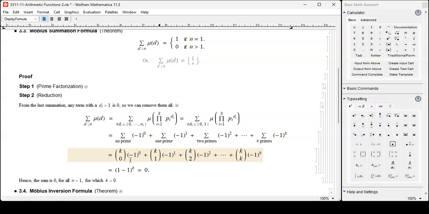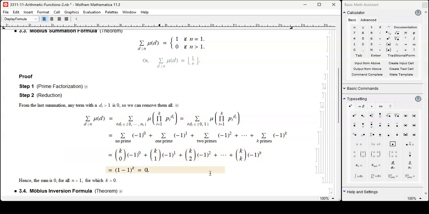And here, 1 times 1 to the k power is hidden. Here, 1 to the k minus 1 power is hidden. They add up to the k power. 1 to the k minus 2 power is hidden, kind of like that. And then here, 1 to the 0 power is hidden. But we don't need any of those because they're all 1s. That's how we get the previous expression.